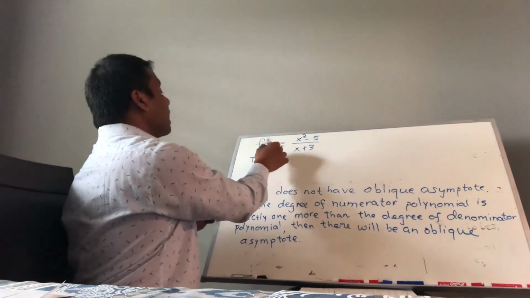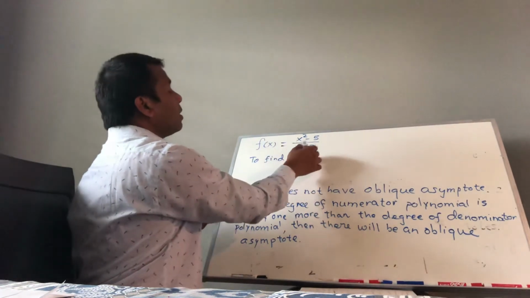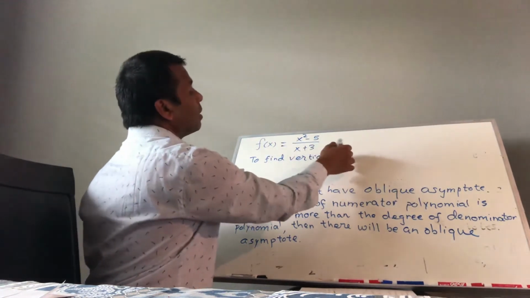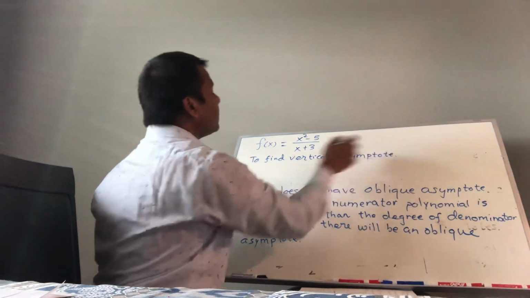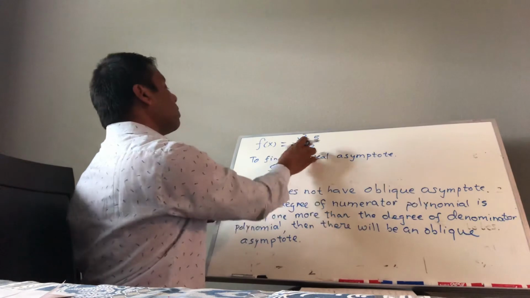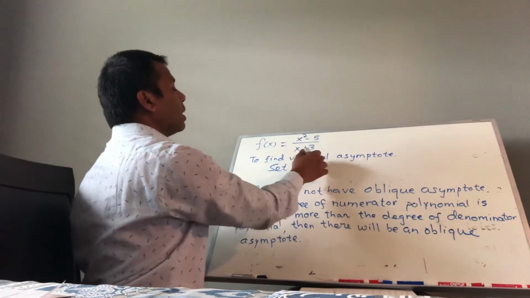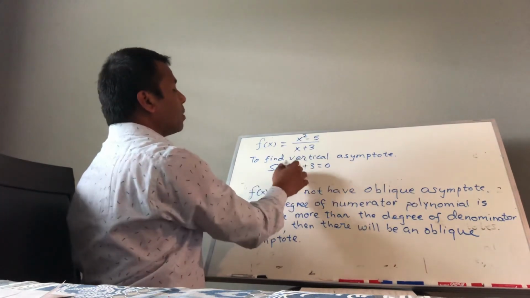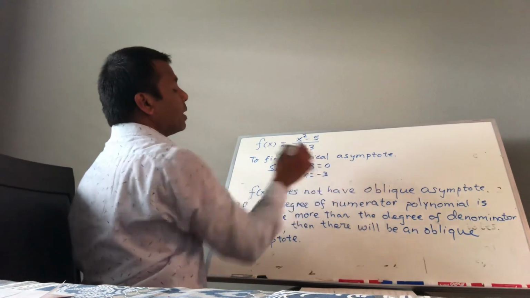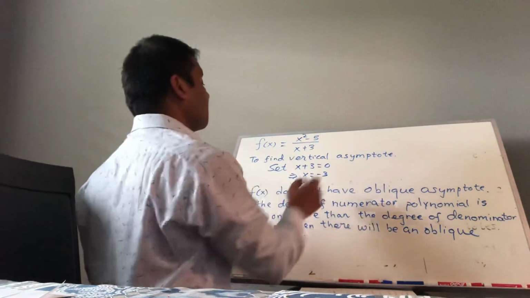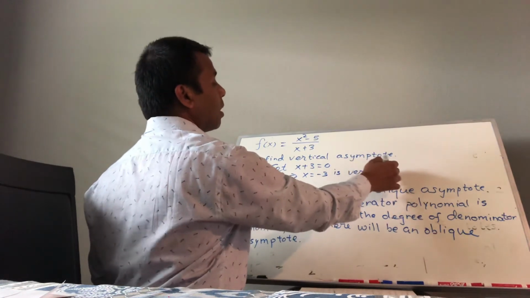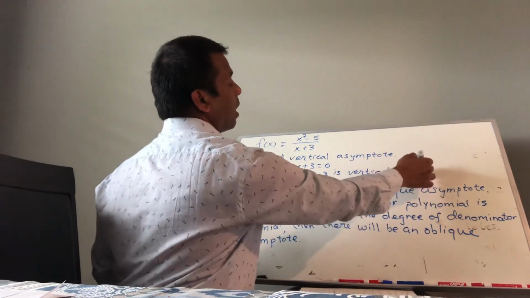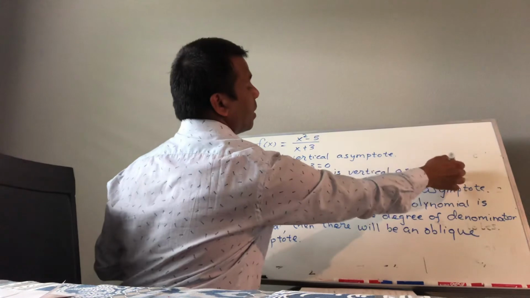To find the vertical asymptote, we simply set the denominator x plus 3 equal to 0, so x equals negative 3 is the vertical asymptote.